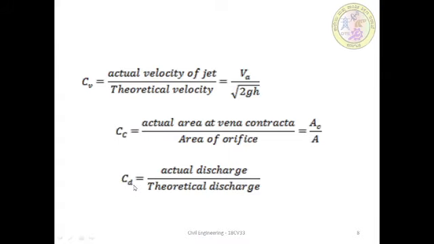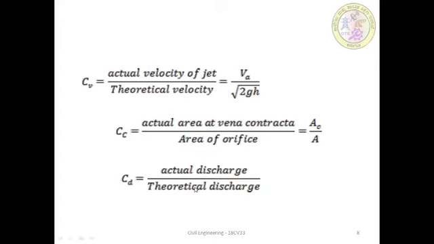Similarly, CD is the coefficient of discharge. Here it is the ratio of actual discharge to the theoretical discharge. The actual discharge will again be less compared to the theoretical discharge, and similarly the actual velocity at the jet is also less than the theoretical velocity.